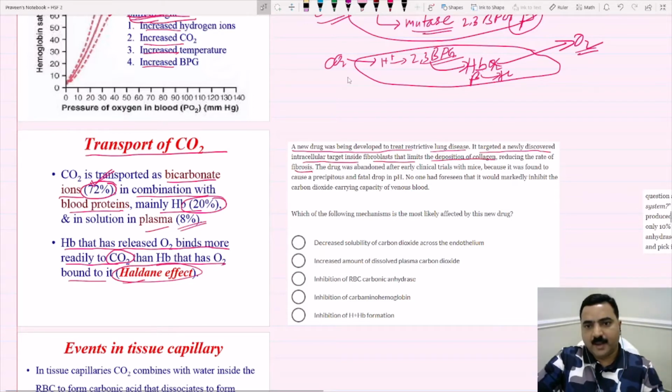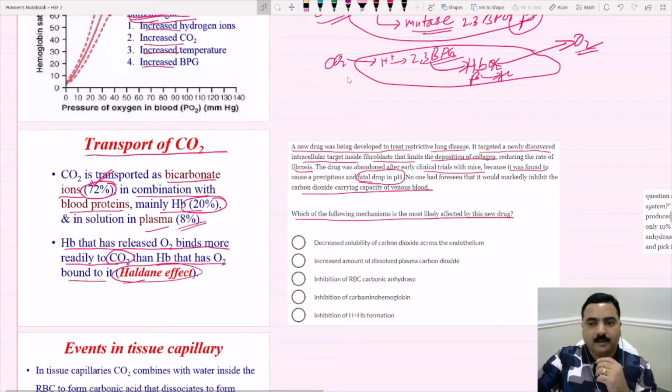The drug was abandoned after early clinical trials with mice because it was found to cause a precipitous and fatal drop in pH. No one had foreseen that it would markedly inhibit the carbon dioxide carrying capacity of the venous blood. So this drug is causing a major decrease in the carbon dioxide carrying capacity. Which of the following mechanisms is most likely affected by this drug?